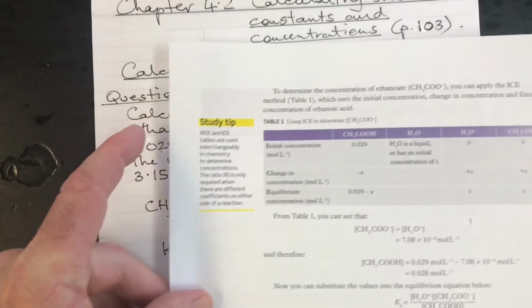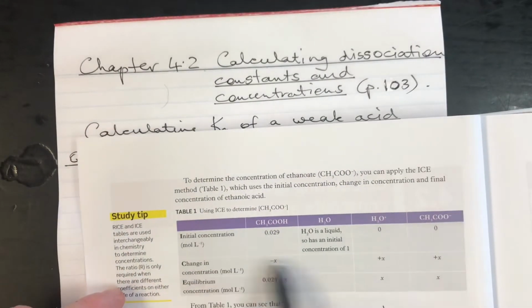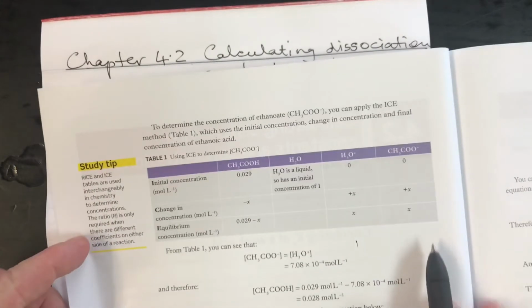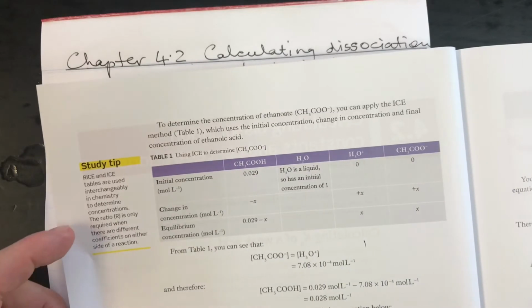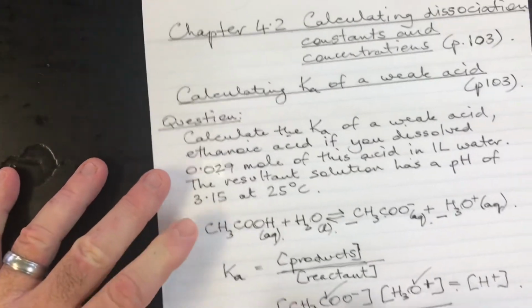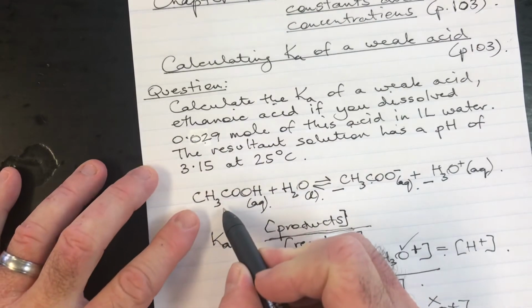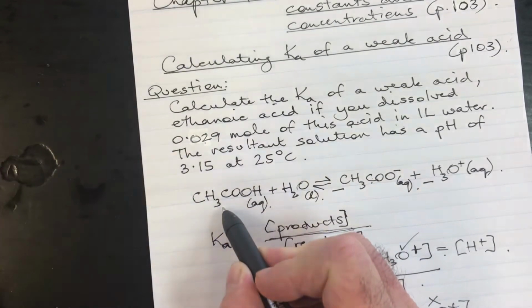In the textbook, they get you then to, here's our old friend, use the ice table to calculate the thing that we don't yet know, which is the equilibrium concentration for the acetic acid, ethanoic acid. So let's start out our ice table.